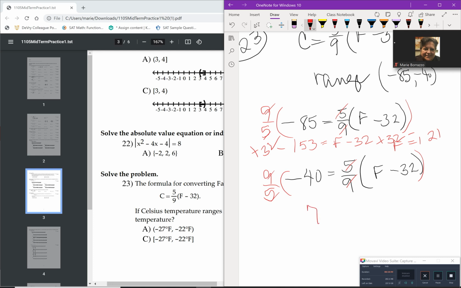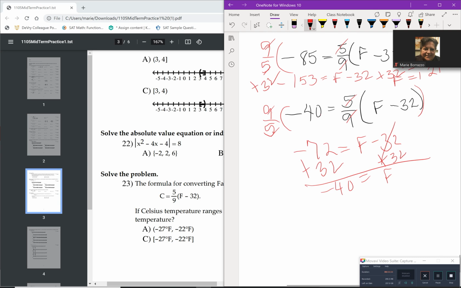5 goes into negative 40, negative 8. Negative 8 times 9, negative 72, is equal to Fahrenheit minus 32. I'll add the 32 again, so I'm adding 32 here and here. And I end up with Fahrenheit is equal to negative 40. So that's my range.